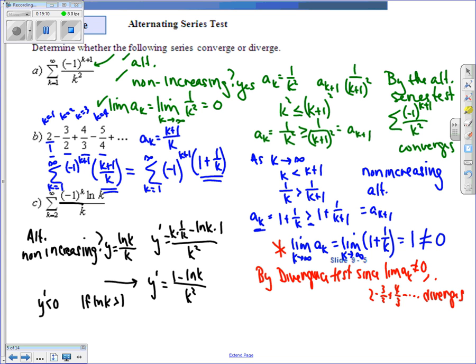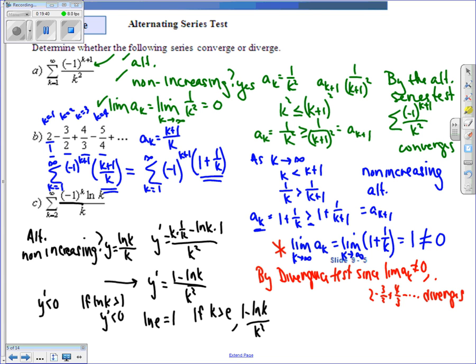Well, natural log of e is 1, so as long as we pick a k bigger than e, then we'll have 1 minus natural log of k over k squared be negative.